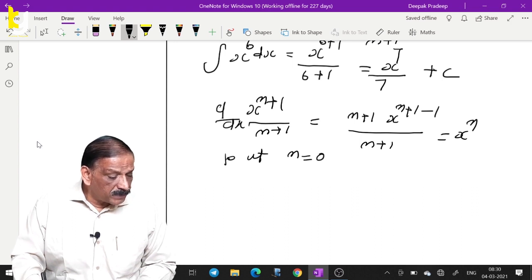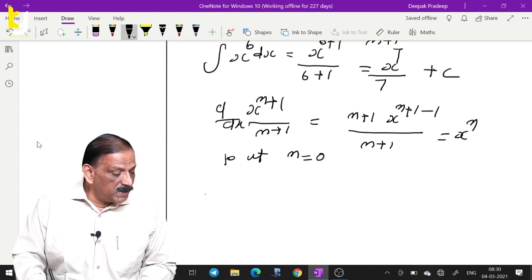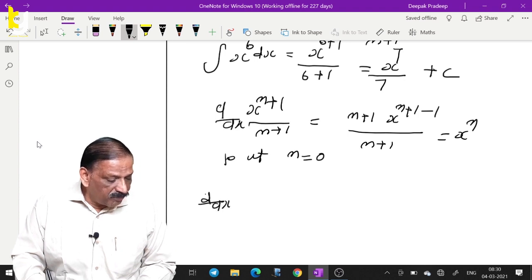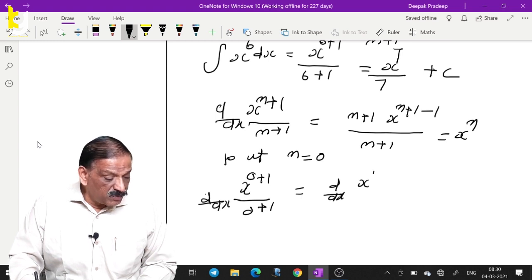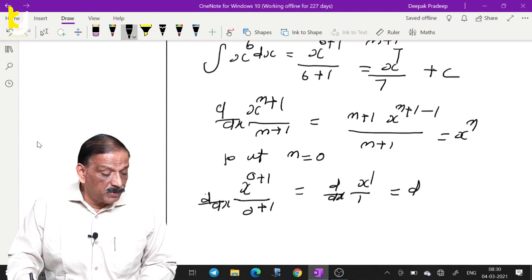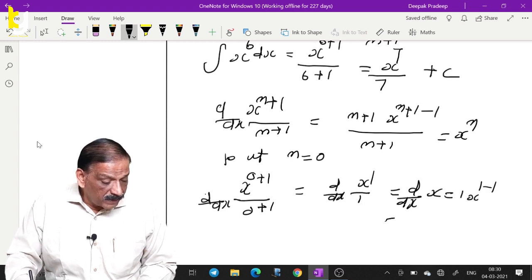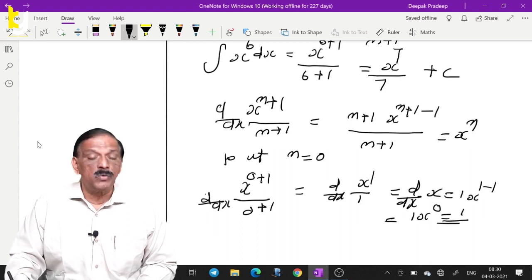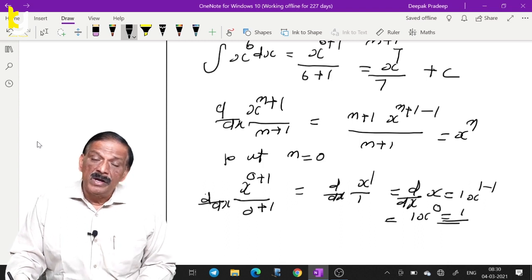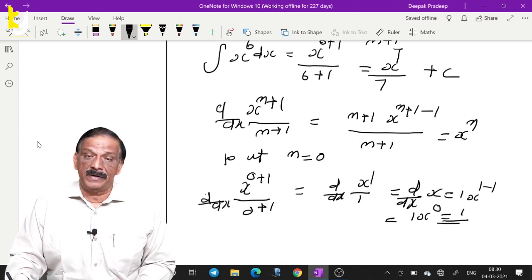Put n equal to 0. When n equal to 0, this will be equal to d by dx of x raised to 0 plus 1 divided by 0 plus 1, which is equal to d by dx of x raised to 1 divided by 1, which is equal to d by dx of x, which is equal to 1 x raised to 1 minus 1, which is equal to 1 x raised to 0, which is equal to 1. So d by dx of x equals 1, because we know x to the power of 0 is equal to 1.